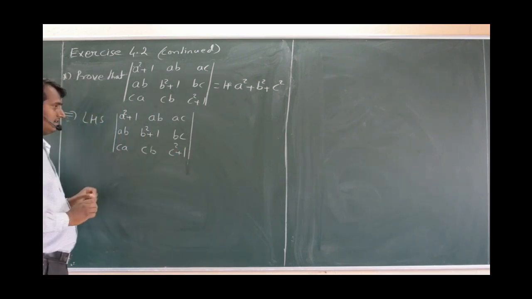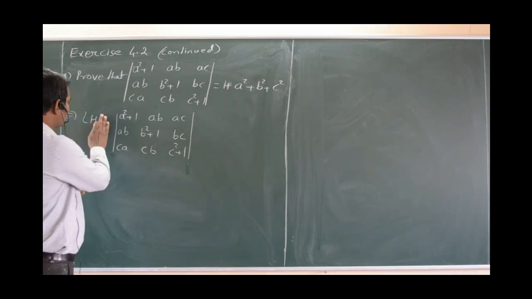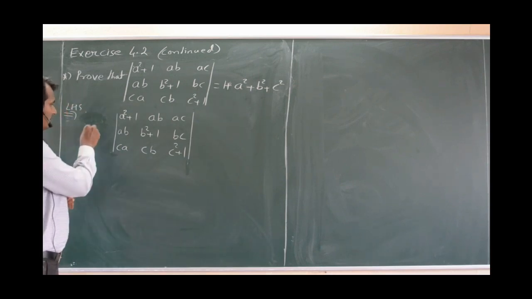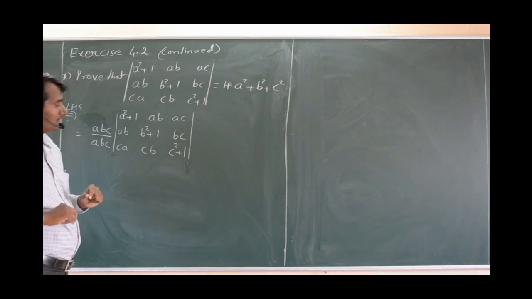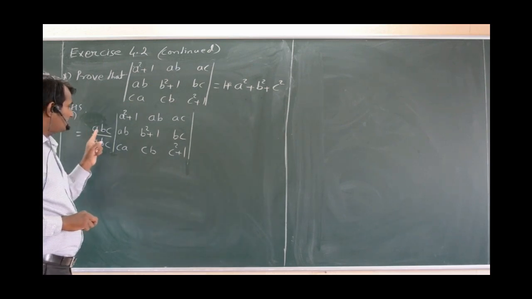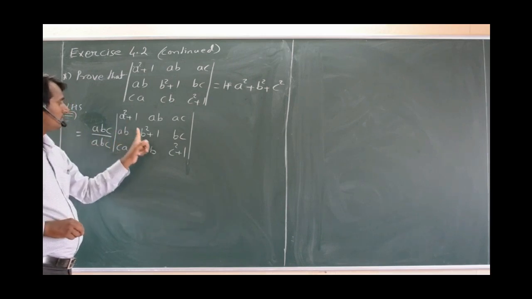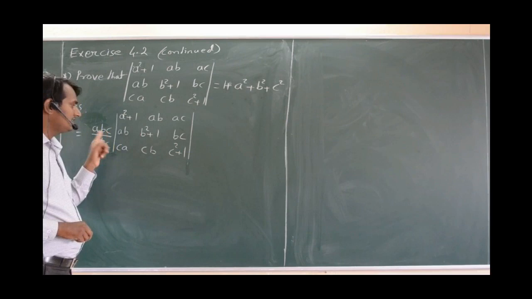Dear friends, it is a little bit important problem and a different kind of problem. So what we are going to do here is, I will just multiply and divide by abc. That means for the first row I am going to multiply by a, the second row I will multiply by b, and the third row I am going to multiply by c.